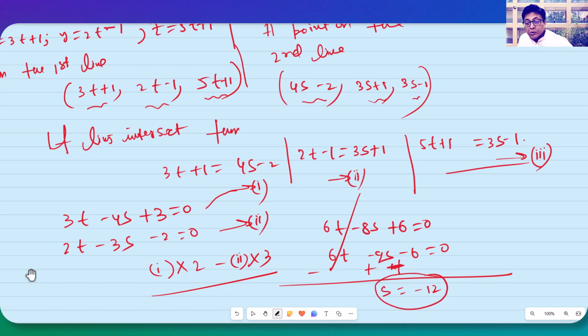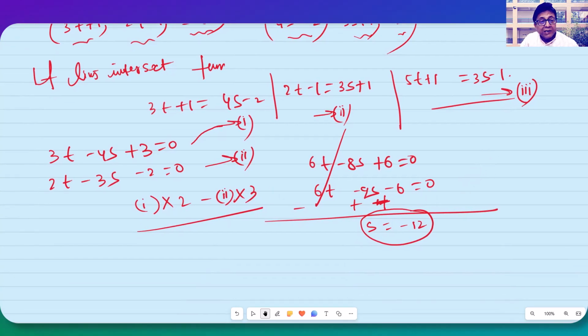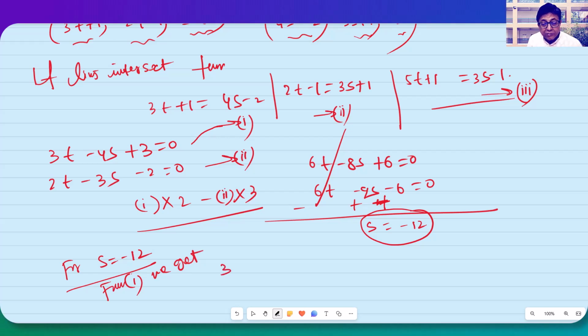Clear? So put this value of s in 1. Putting this value of s minus 12 in 1 we get 3t equal to 51.